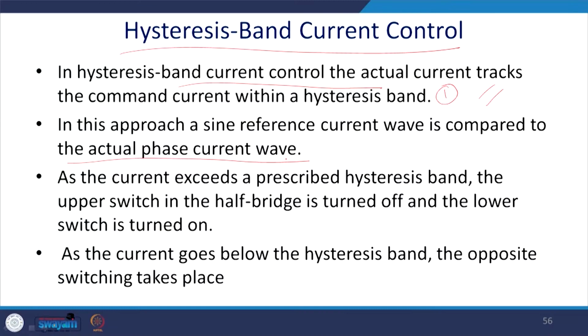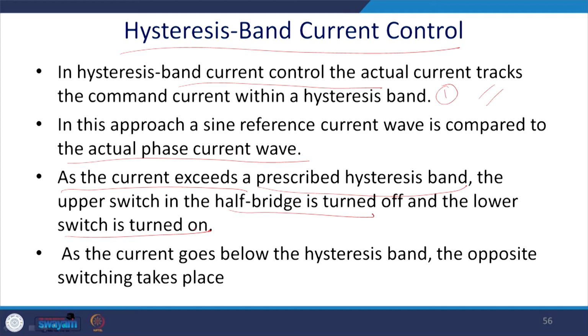In this approach, a sine reference current is commanded to the actual phase current waveform. We shall see what that means. As the current exceeds the prescribed hysteresis band, the upper switch of the bridge is turned off and the lower switch is turned on.